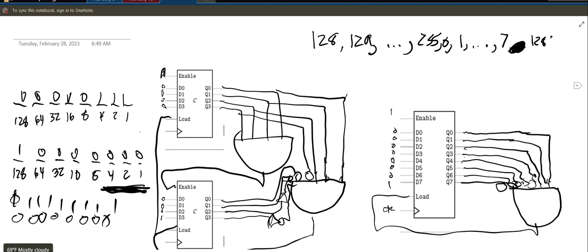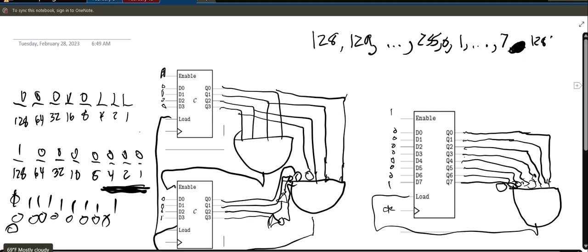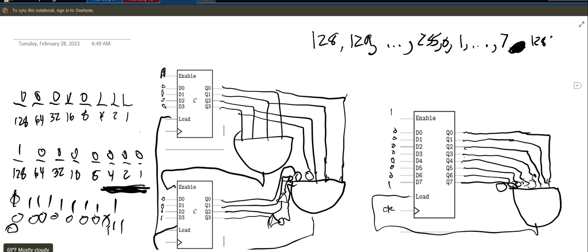So when you start at 128, the first time you get to 7, you're going to have a 0 in the 128 place and 1s in the first 3 places. That is how you can tell you've gotten to 7 without having to put 0s everywhere else.